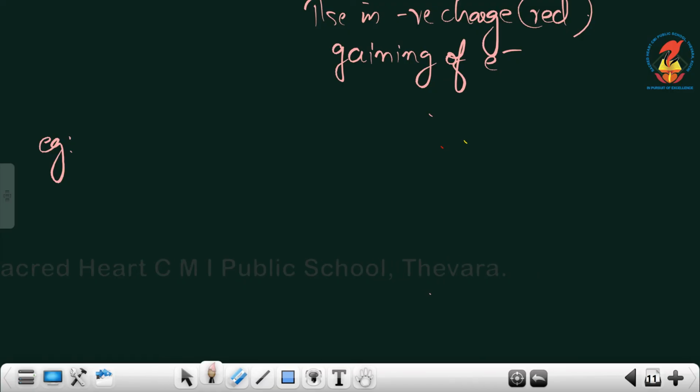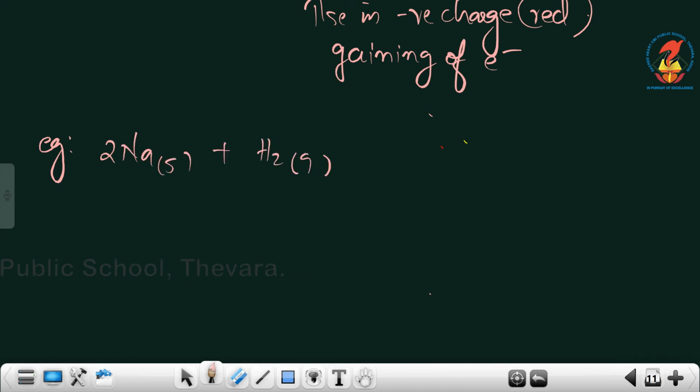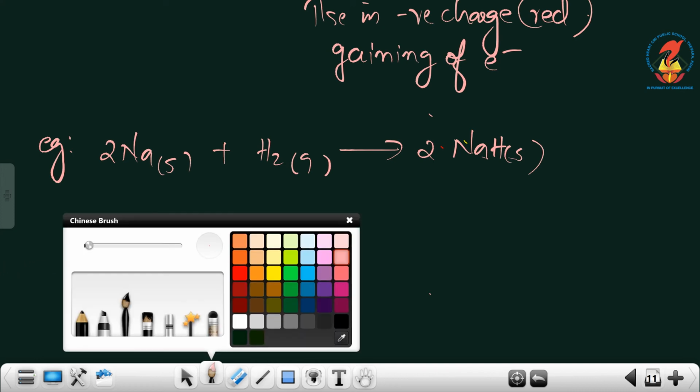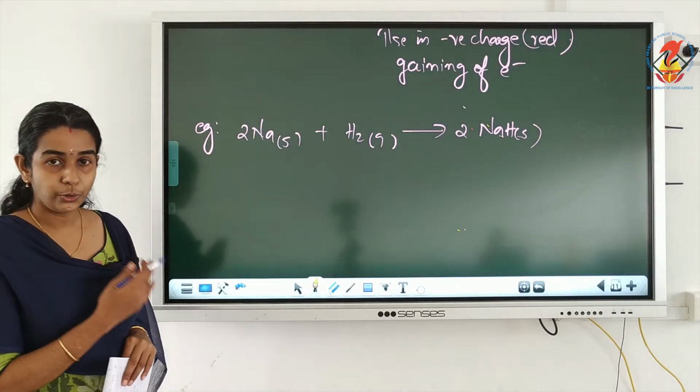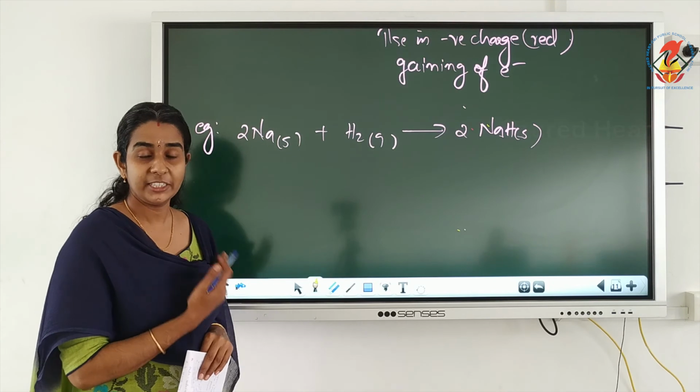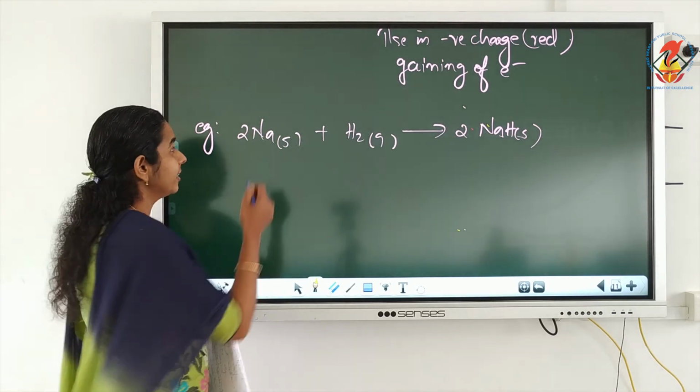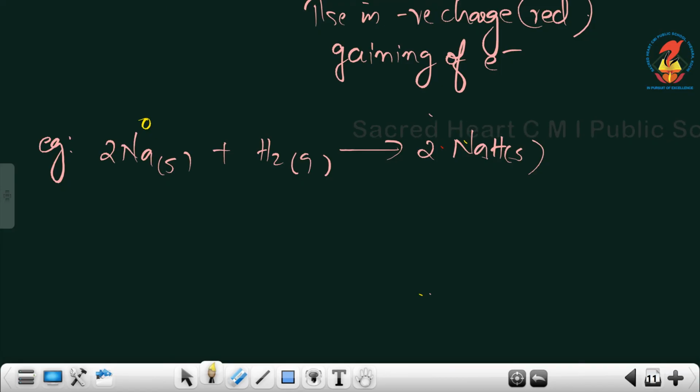Another example. See the next equation, look at the reactants and products. On the reactant side we have sodium metal, it is in the metal state or in the atomic state, that means there is no charge, that means neutral 0.